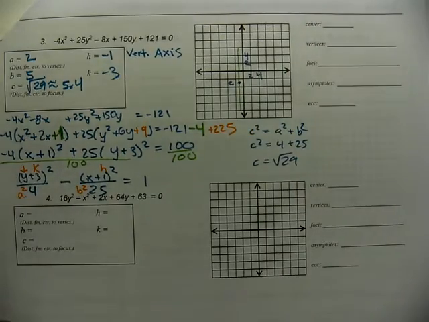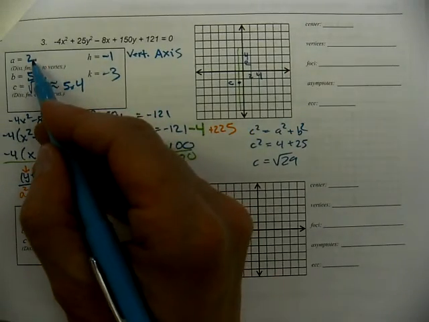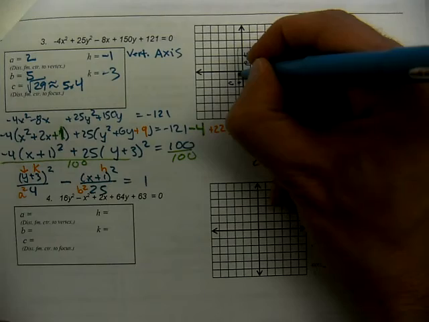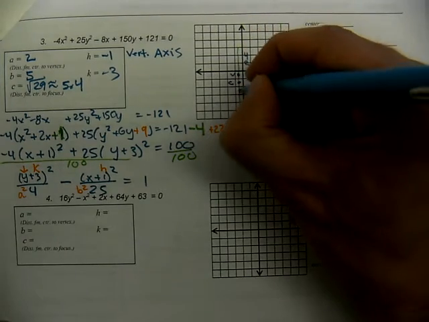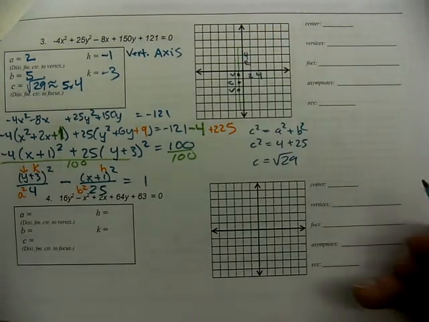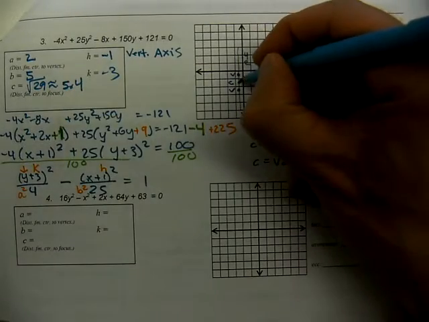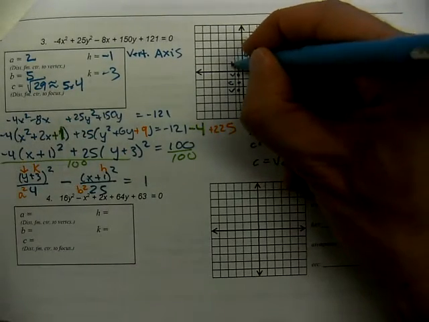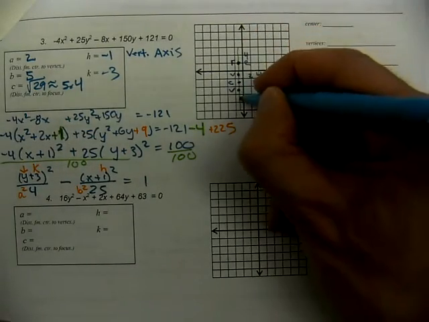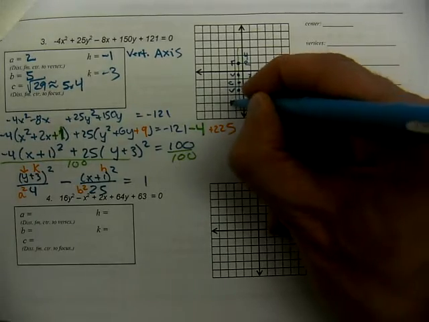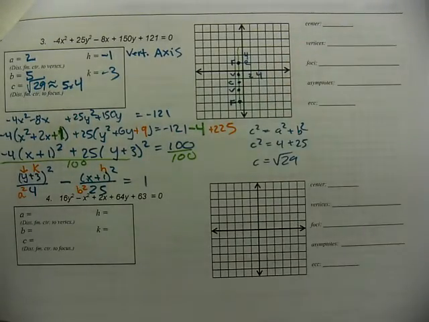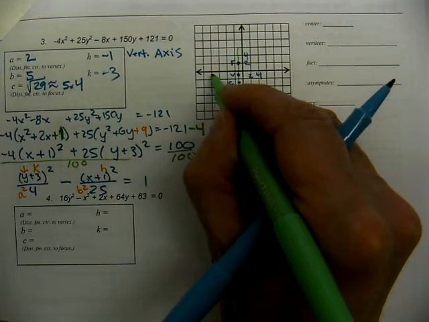So above and below that will be the vertices, which are a distance of 2 units away, the a. So there's a vertex, and there's a vertex. The foci are 5.4 away. And with that, we now have the top and bottom of the box.